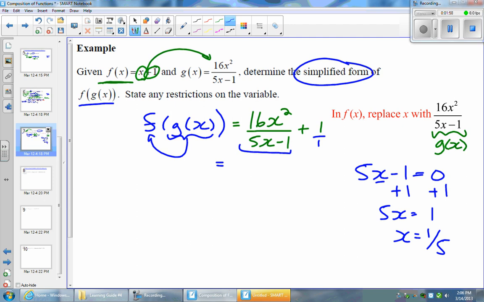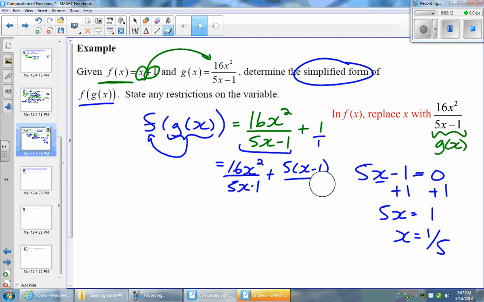So we have 16x squared over 5x minus 1. And if we're going to rewrite 1 over 1 with the same denominator, we have 5x minus 1 over 5x minus 1, okay?